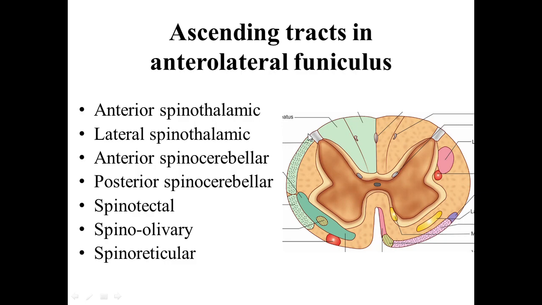Now in the anterolateral funiculus, there are many ascending tracts, and these are the anterior spinothalamic, then the lateral spinothalamic, then anterior spinocerebellar, then the posterior spinocerebellar, then the spinotectal, spinoolivary, and spinoreticular, which is situated on the deeper aspect.